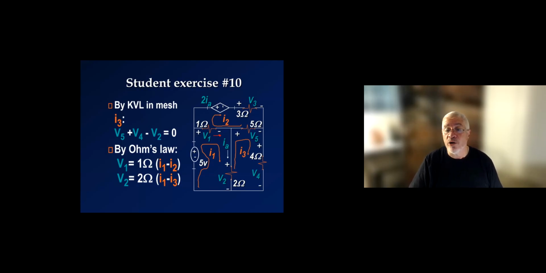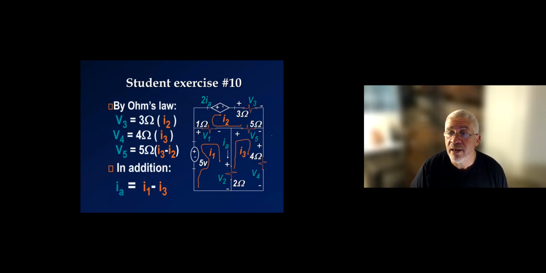For V2, I need the current that's going along the direction IA is going, so V2 is 2 times I1 minus I3. You ought to be able to understand at this point that this dependent source depends on IA. IA is I1 minus I3, because everything needs to be in terms of the mesh currents, everything.